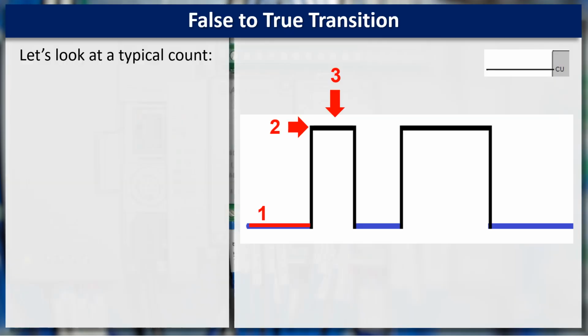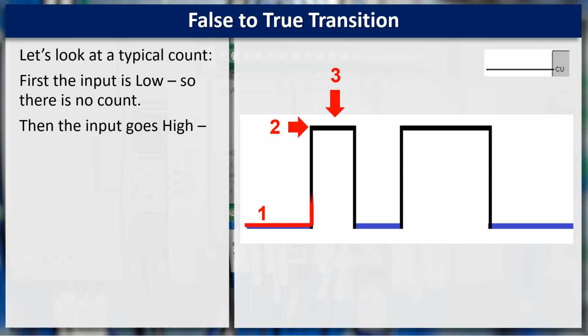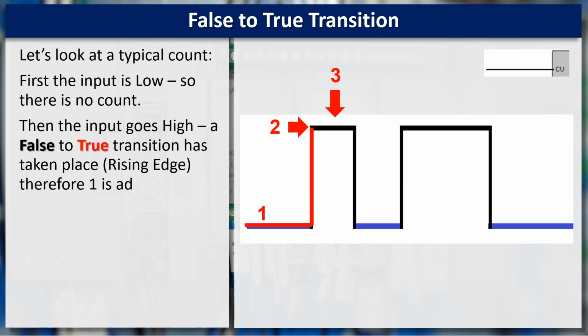Let's look at a typical count. First, the input is low, so there is no count. Then, the input goes high. A false to true transition has taken place. We have followed the rising edge. Therefore, 1 is added to the current value stored.